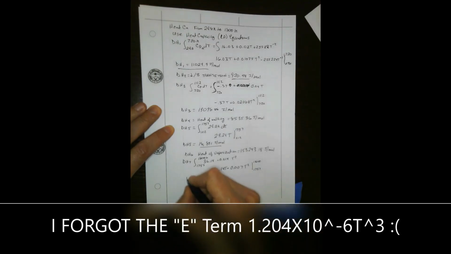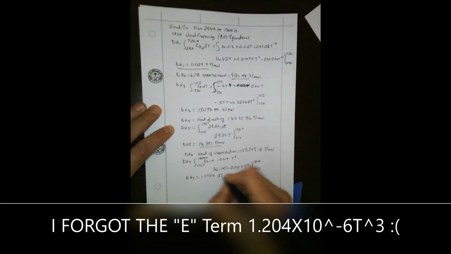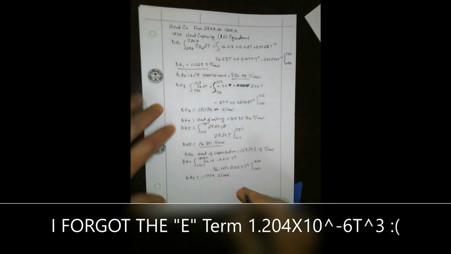So delta H7 equals negative 17.94 joules per mole.